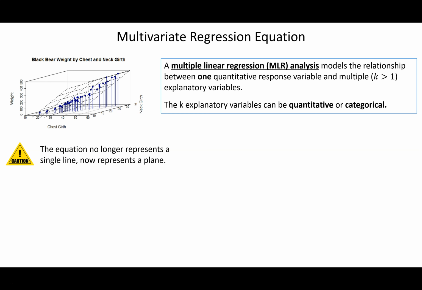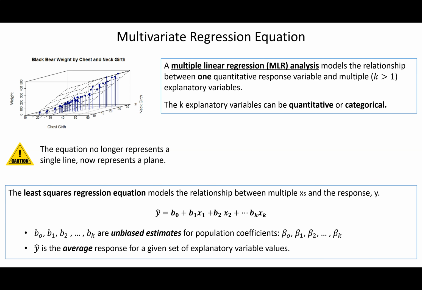So the equation is never going to represent just one single line now. It can be multiple lines or a plane. So here, now we're going to have y hat is equal to b naught or b0, so that's our y-intercept, plus b1 times x1, our first slope coefficient times our first explanatory variable, plus b2 times x2, our second slope coefficient times our second explanatory variable, all the way through whatever our last explanatory variable is.